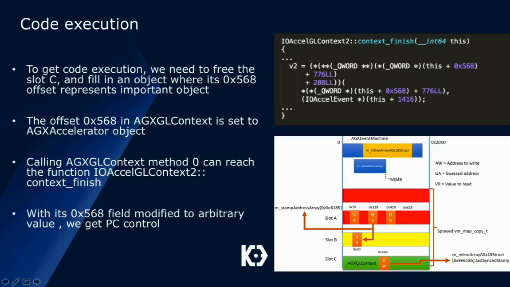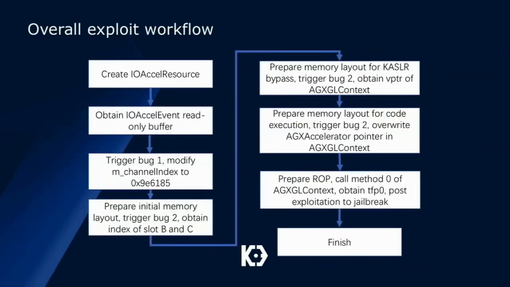So by exploiting that bug again, we are able to modify the lower 4 bytes of that AGX accelerator object pointer to any arbitrary value, and we can control the content of that new address so that we get PC control.